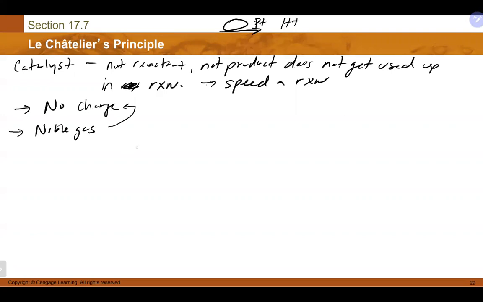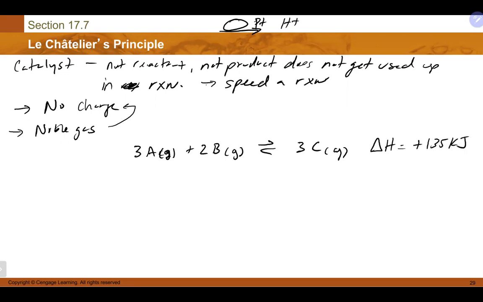So let's say we had our imaginary 3A plus, we'll go with 2B, gives us 3C. All right, so let's say our delta H here is plus 135 kilojoules. And let's say that we want to know, will it go to the left? Will it go to the right? Will there be no change?